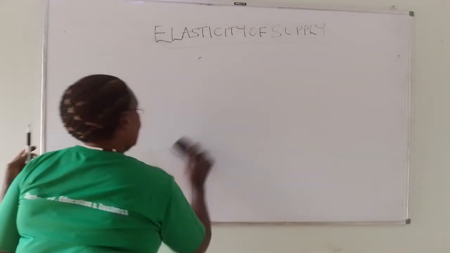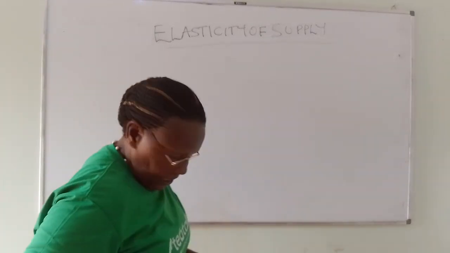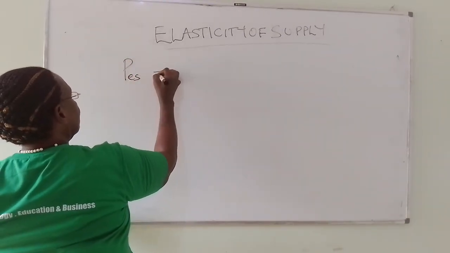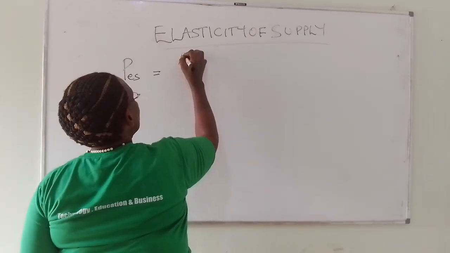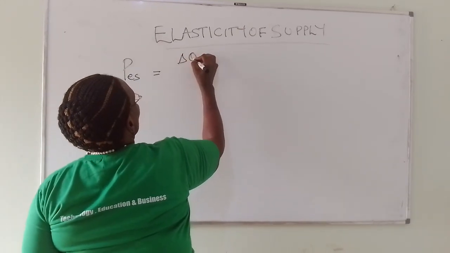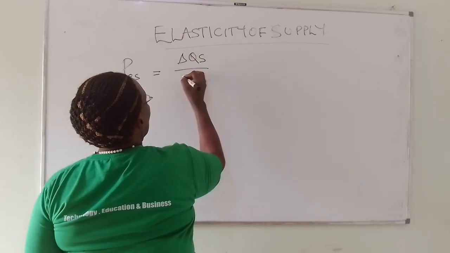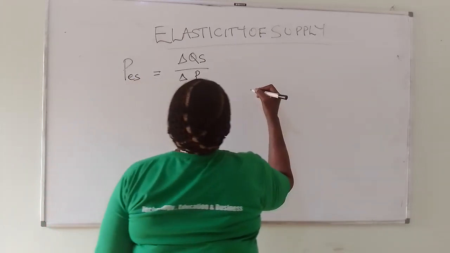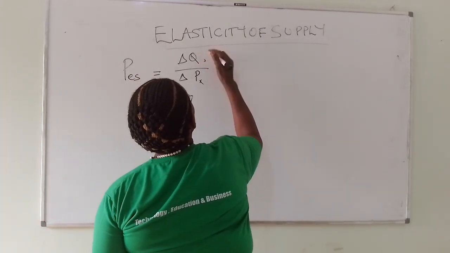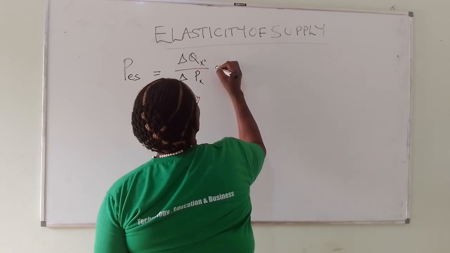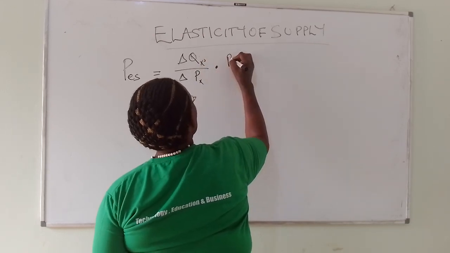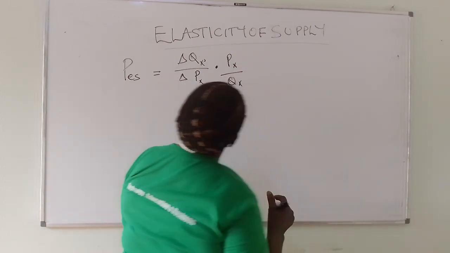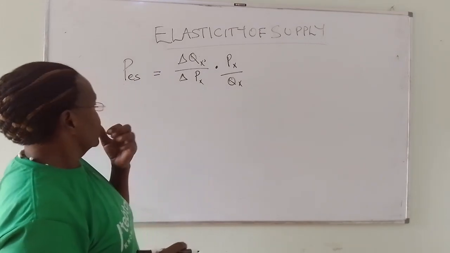So those have been the wordings used in our formula, but we can say that price elasticity of supply is given by, where delta means change, change in quantity supplied over change in price, which is price of X, and quantity supplied of X multiplied by original price of X over original quantity of X. That is price elasticity of supply.